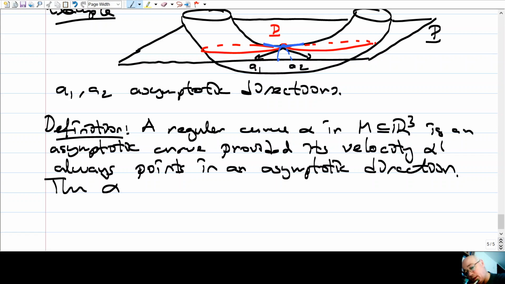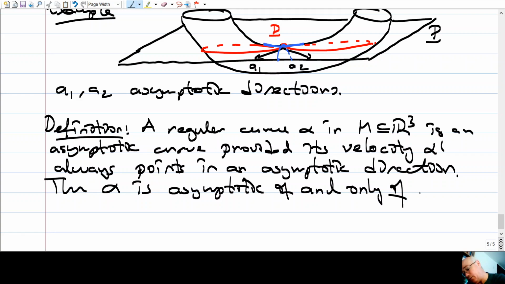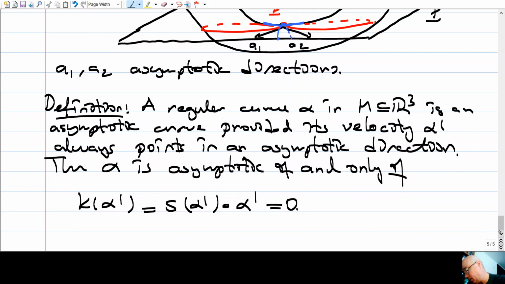Thus, alpha is asymptotic if and only if the normal curvature, which is just the shape operator evaluated at alpha prime, dot alpha prime, is 0.